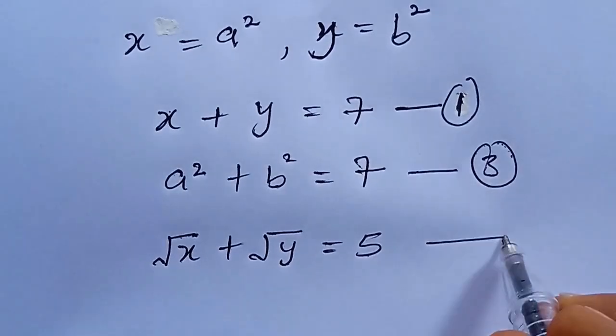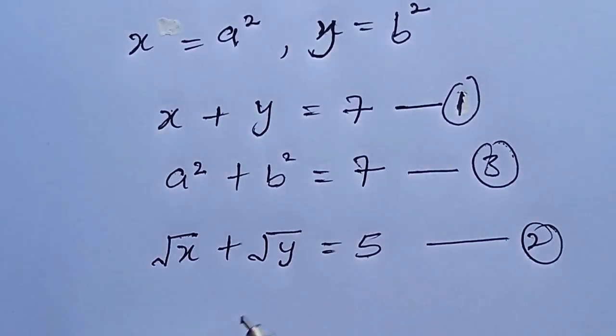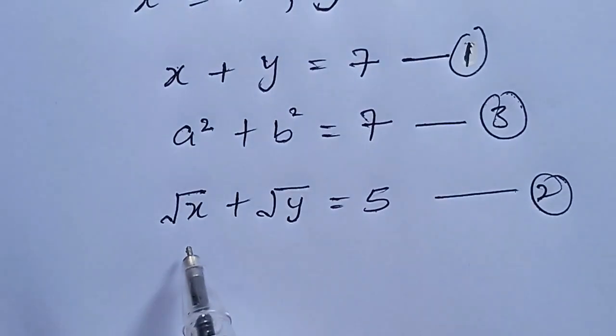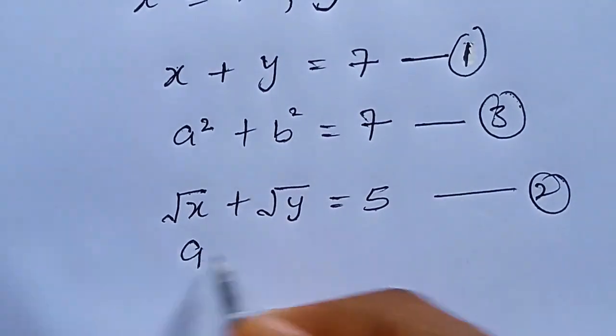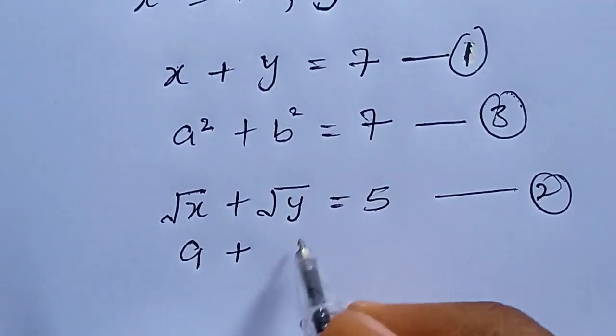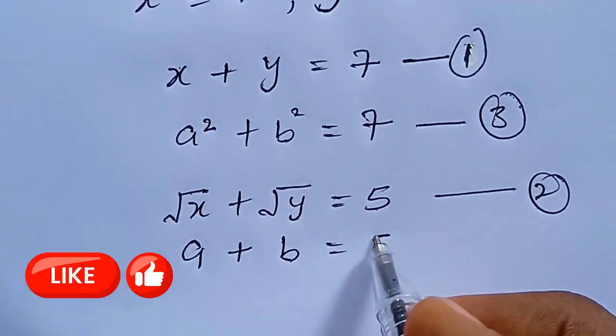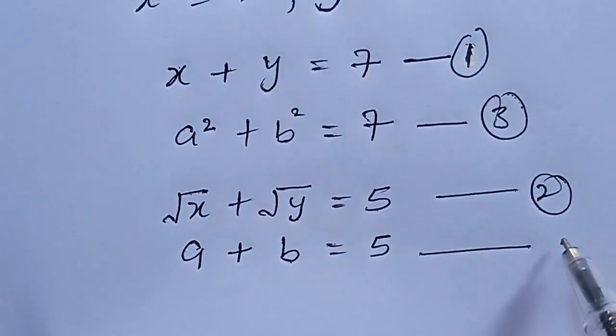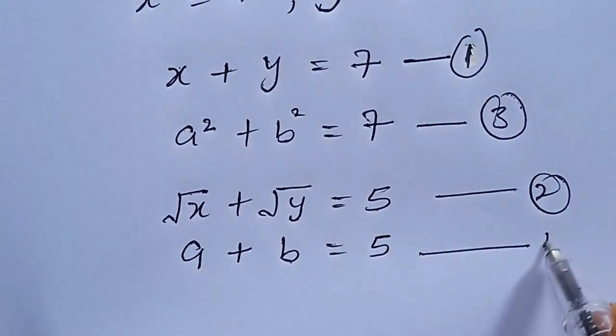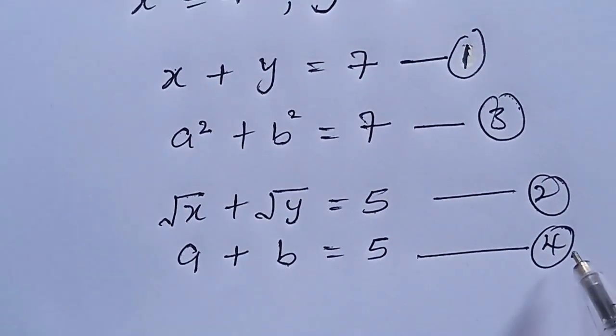That then gives us a plus b equal to 5, which is equation 4.